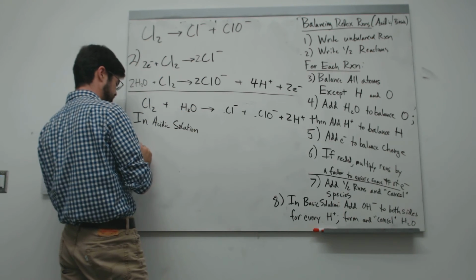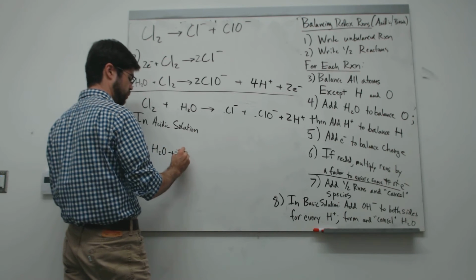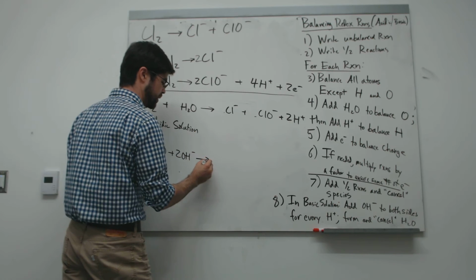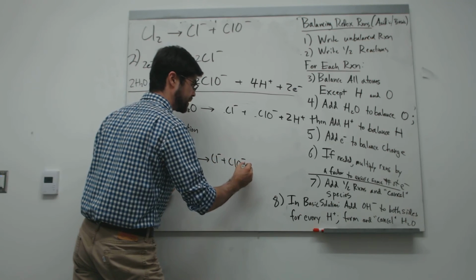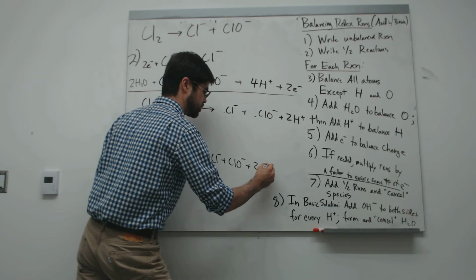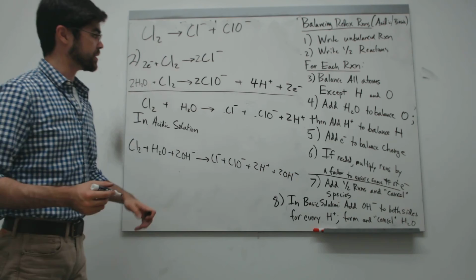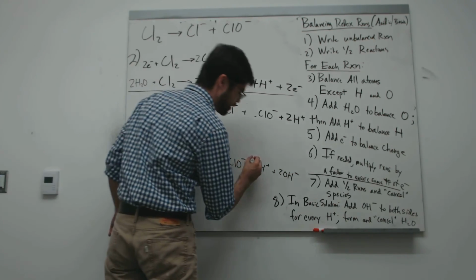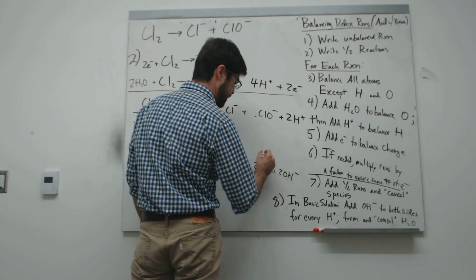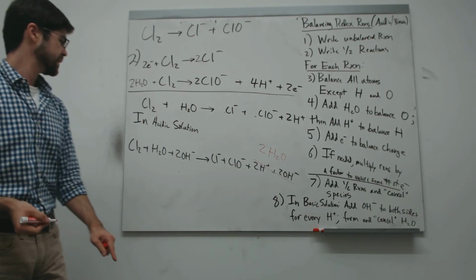Then I have Cl2 plus H2O plus 2 hydroxide ions converts into chloride, hypochlorite, 2 H plus, and those 2 hydroxide ions. Now those 2 hydroxide ions should combine together and give me 2 water molecules.